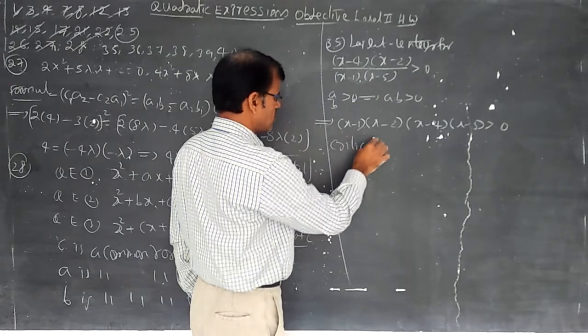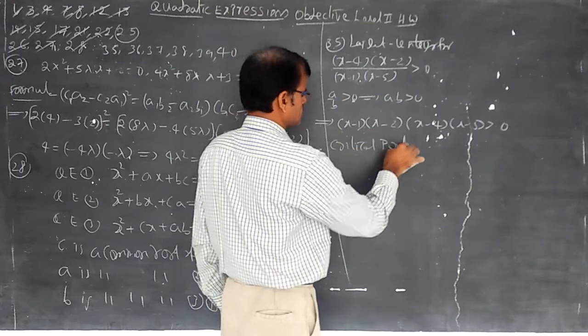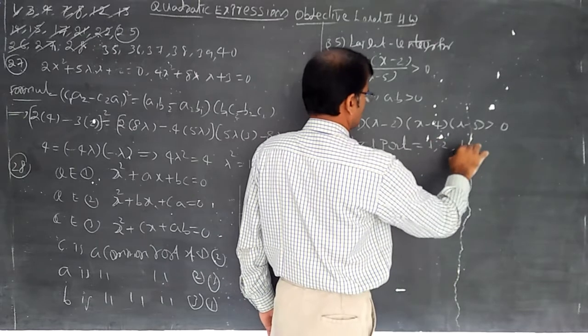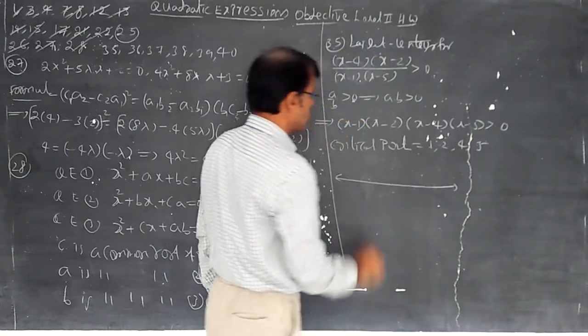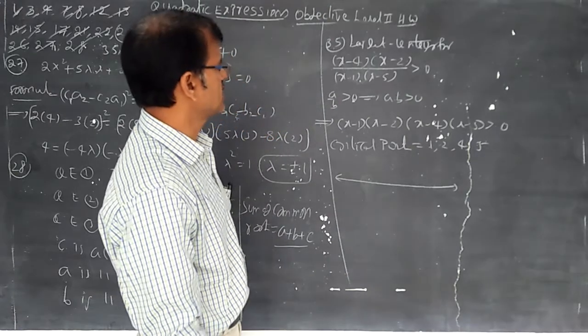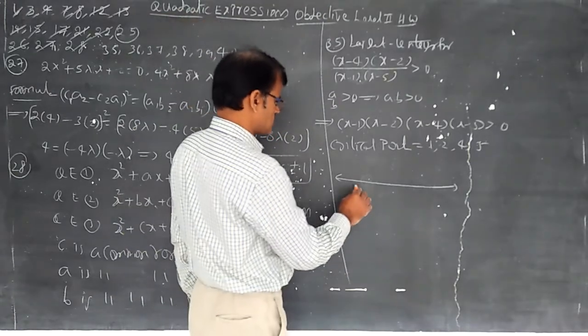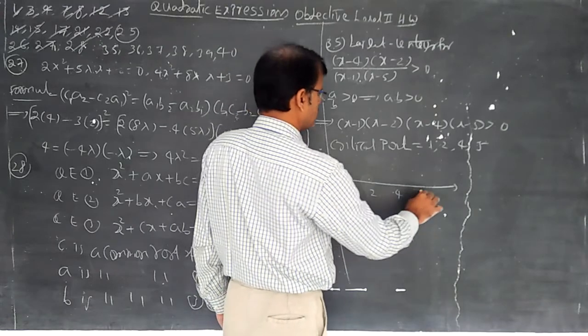Critical points are 1, 2, 4, 5. He is asking about the largest negative integer. Let us discuss 1, 2, 4, 5 here.